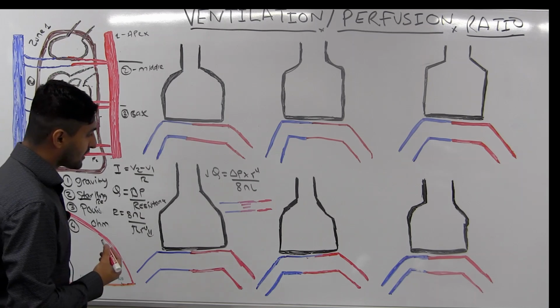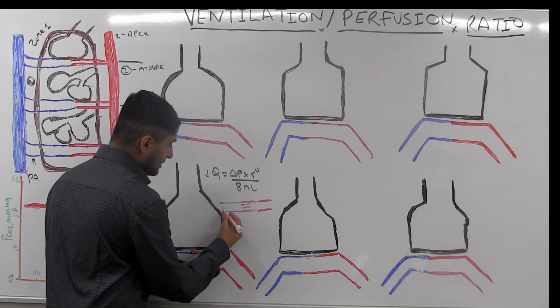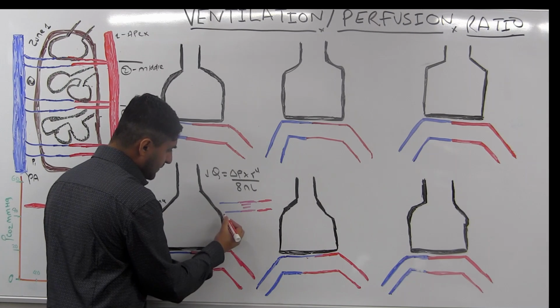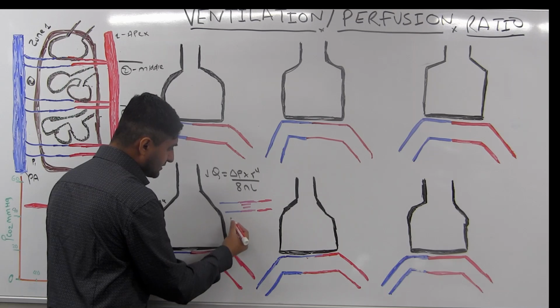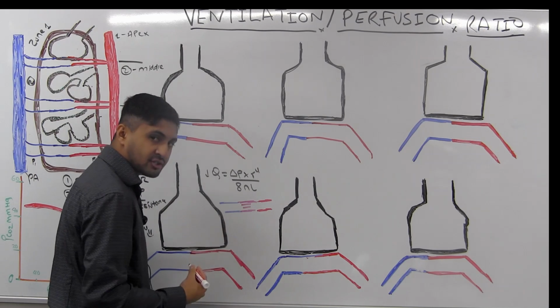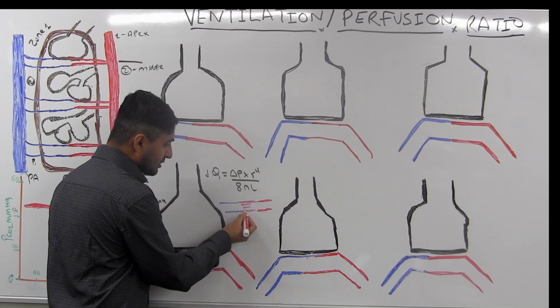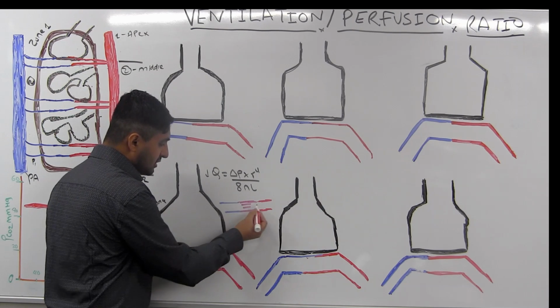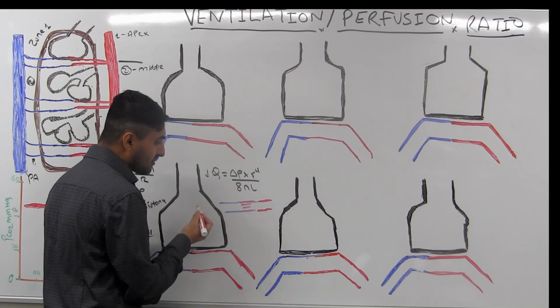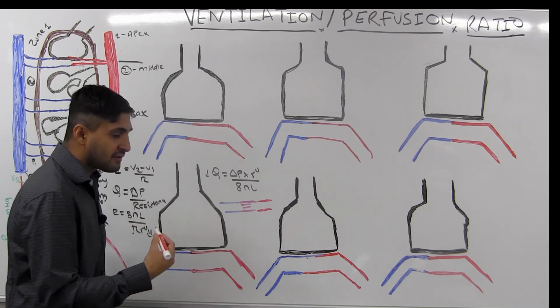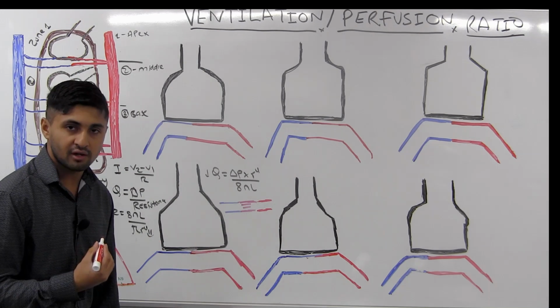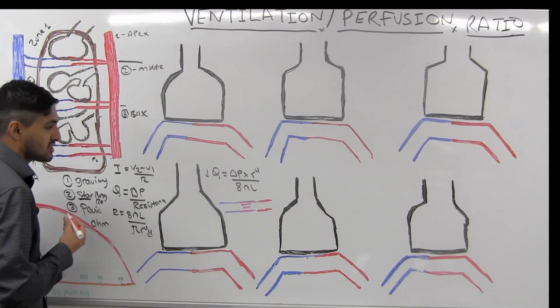But sometimes what happens is, let's say there are external factors compressing or coming in between this blood vessel. That means there could be disturbance to flow as well, and that's what the Starling resistor basically says.